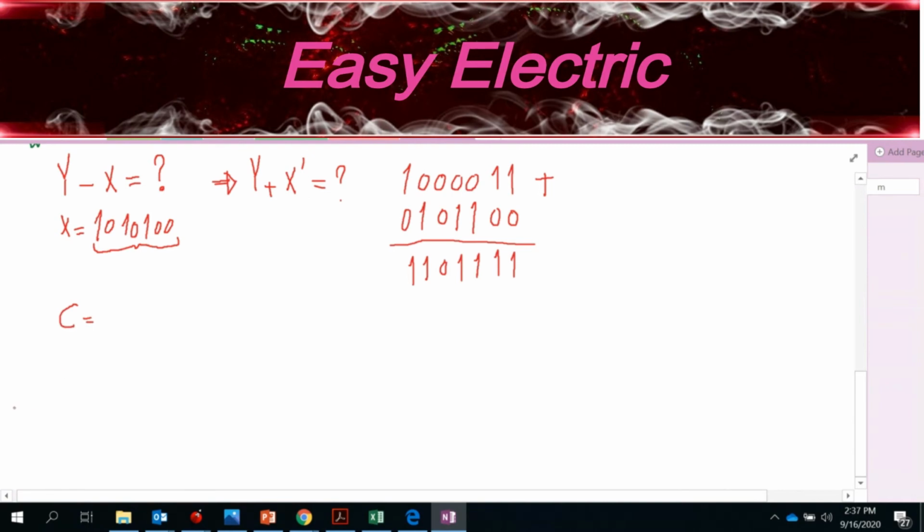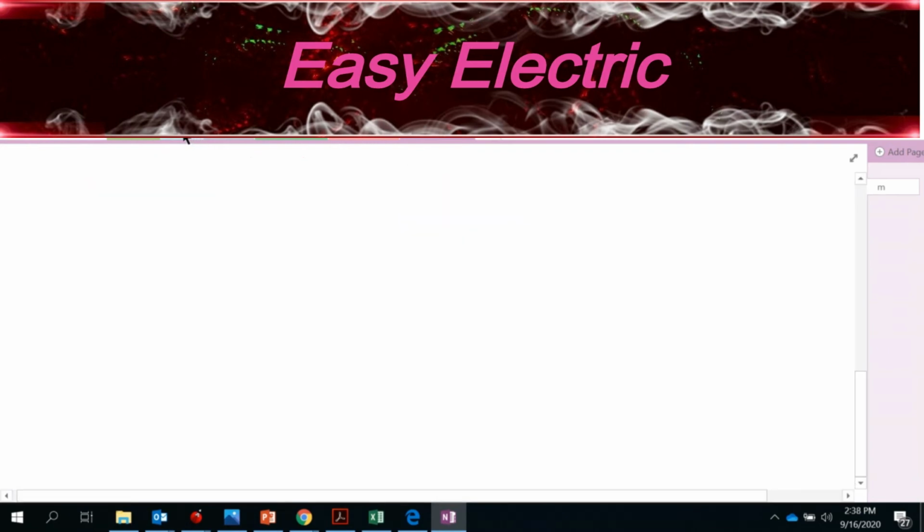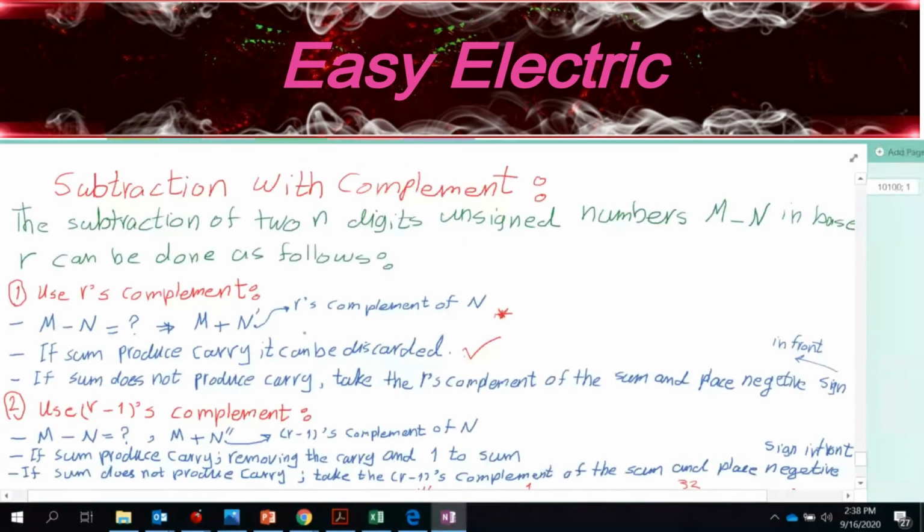It is 0. Why? You add two numbers with 7 bits, and you got 7 bits as a result. So carry is 0. Back to our notes. Okay. So if the carry is 0, you use the r complement. This is right now the second case.